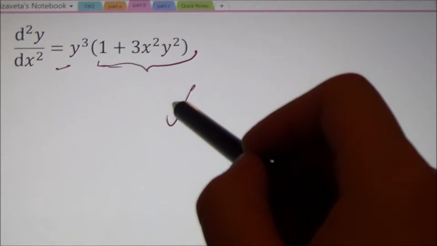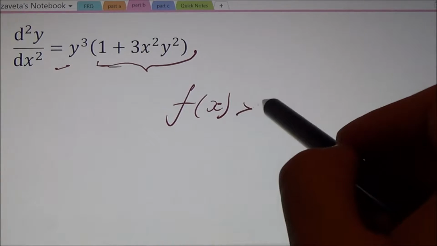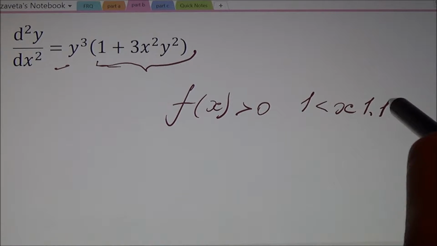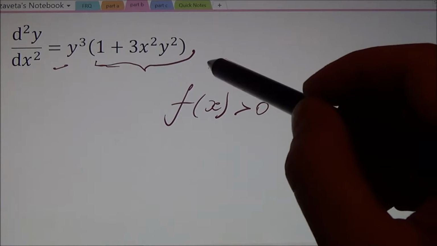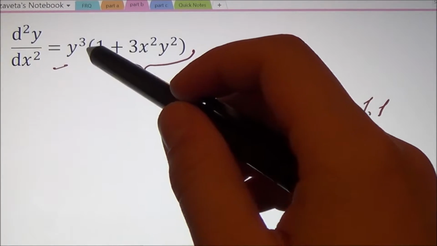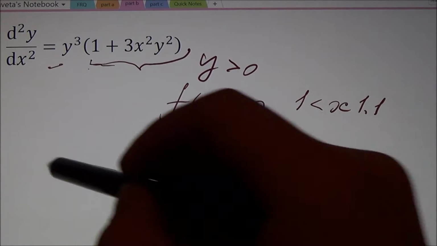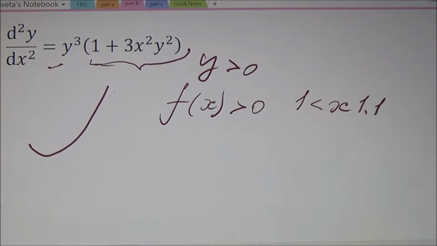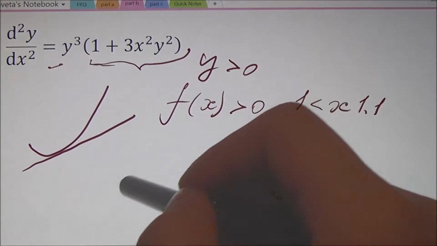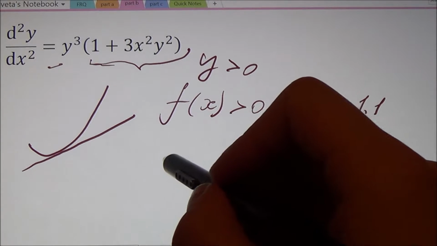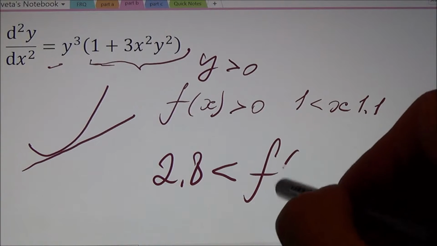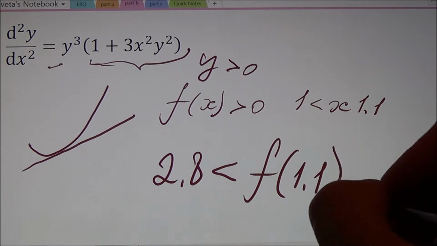Also it is known that f(x) is greater than 0 from 1 to 1.1, which is the interval we're looking at, which is the same as y always being greater than 0, so y will always be positive. That tells us that our graph is going to be concave up, which means that the tangent line lies below the graph, which tells us that our approximation of f(1.1), which is 2.8, is actually less than the actual value of f(1.1).